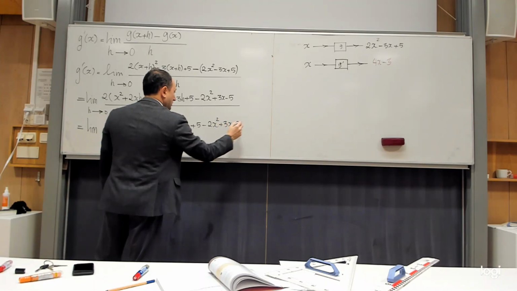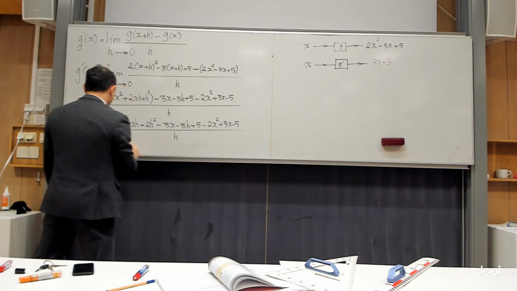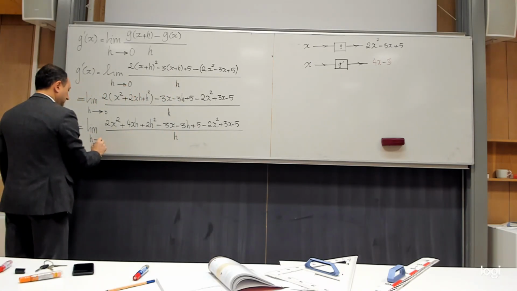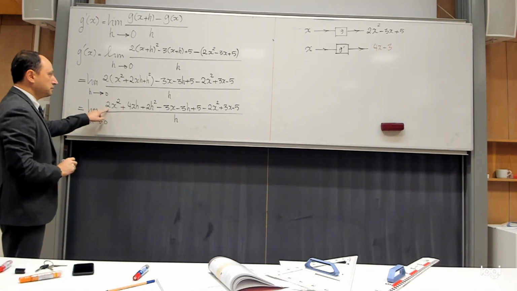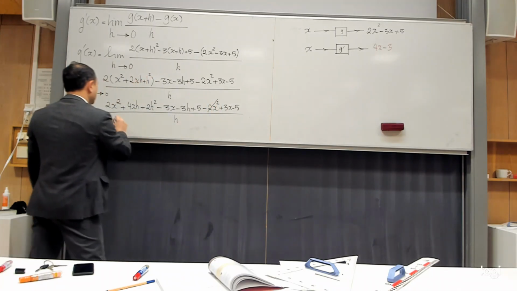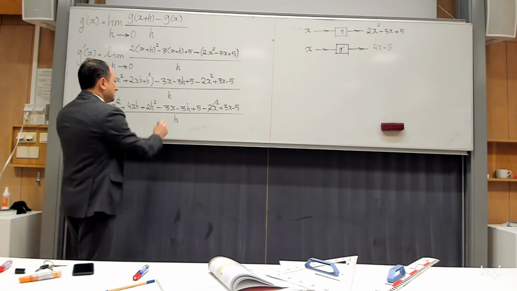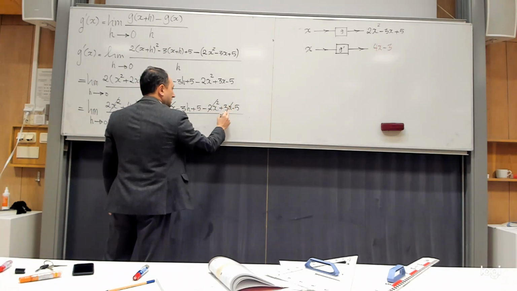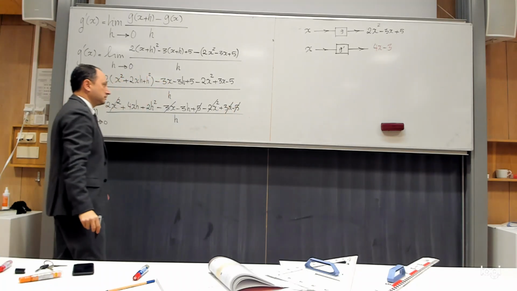And then please watch my calculations as well. And h goes to 0. Okay. So 2x squared positive, negative 2x squared, cancel. Minus 3x, positive 3x, cancel. Positive 5, negative 5, cancel.